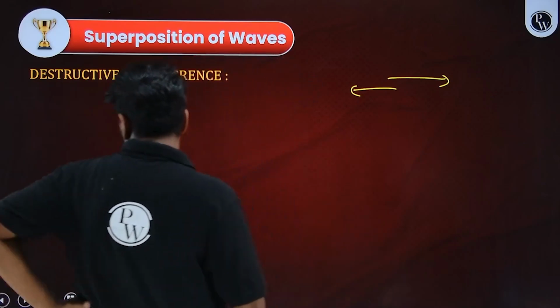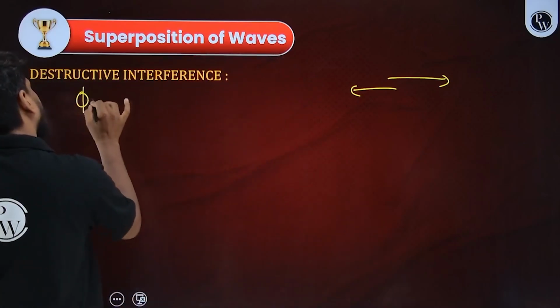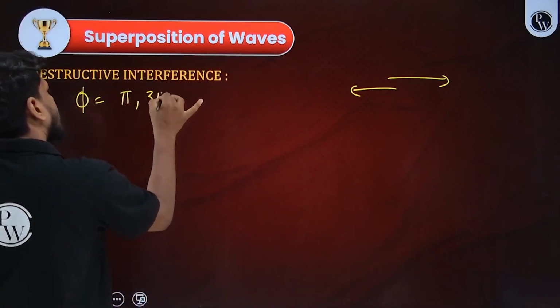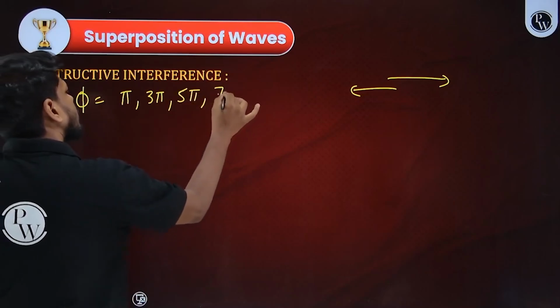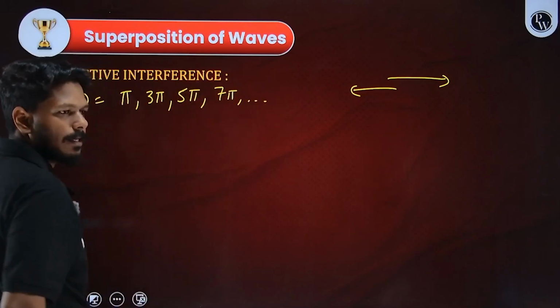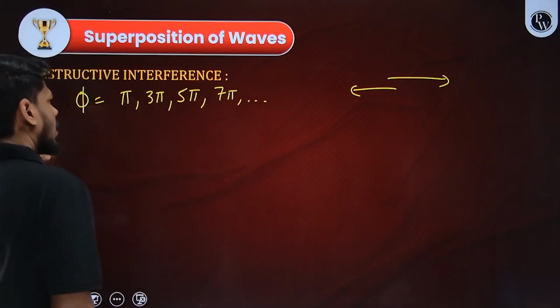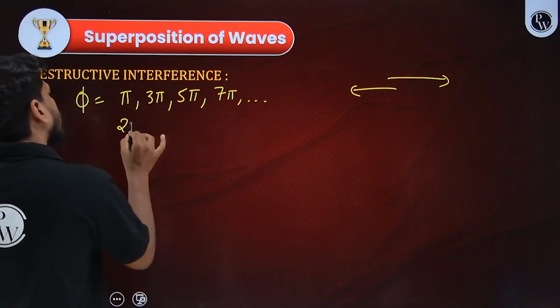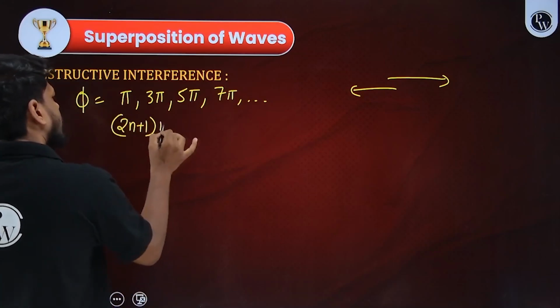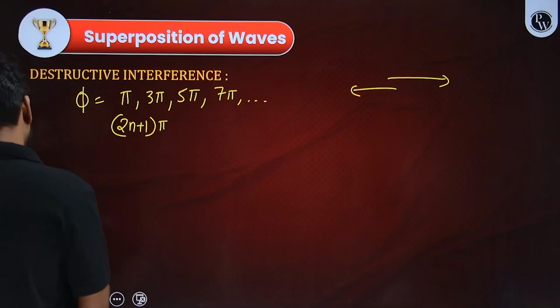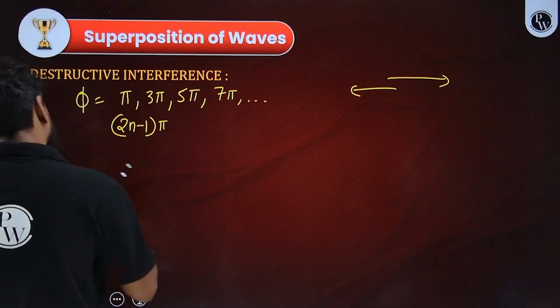So if you observe, whenever my phase difference is equal to pi, 3 pi, 5 pi, 7 pi, and it goes on. How can I write this mathematically? 2n plus 1 into pi. Or else I can put 2n minus 1 also.